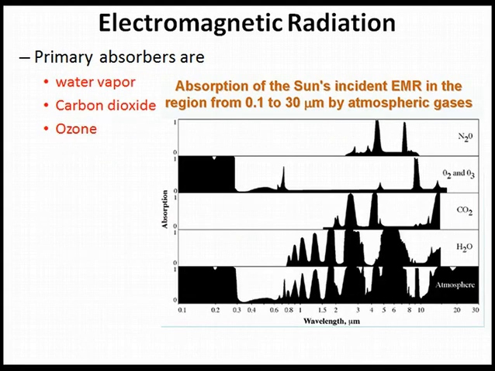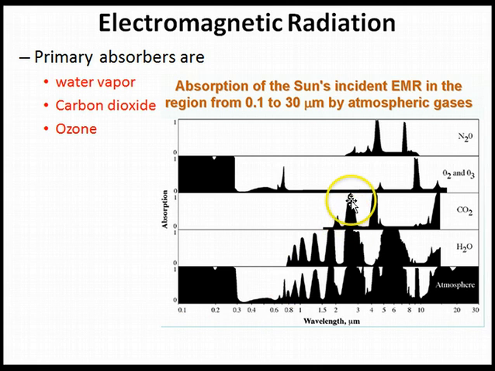While there are lots of different molecules that can absorb radiation, there are four primary molecules that do most of that work. One of those is nitrous oxide. We know that nitrogen is the most common element in the atmosphere. We also have absorption by oxygen and then also ozone, and it's the ozone that is really responsible for absorbing most of these very short wavelengths, these damaging gamma rays and X-rays.